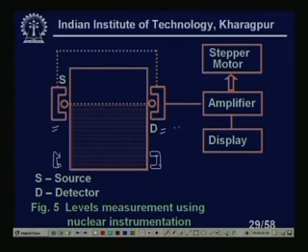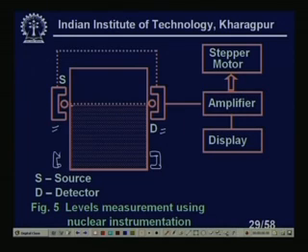How will it move? It will be detected because we have source and detector. Incident ray and the detected ray will be different, because it will slowly move. We have a stepper motor assembly, so it will slowly move.